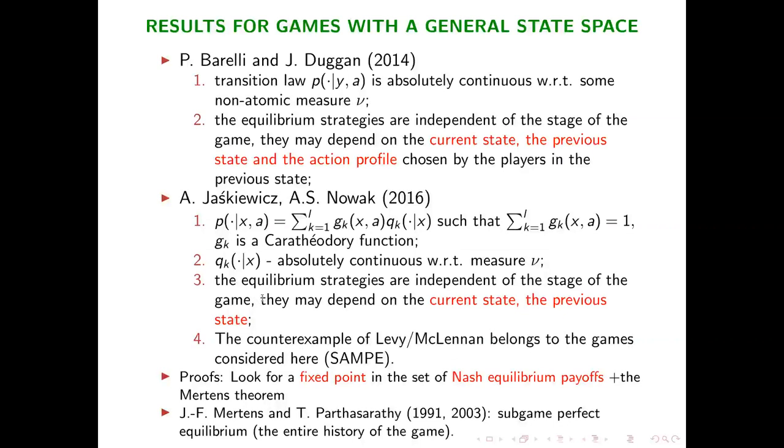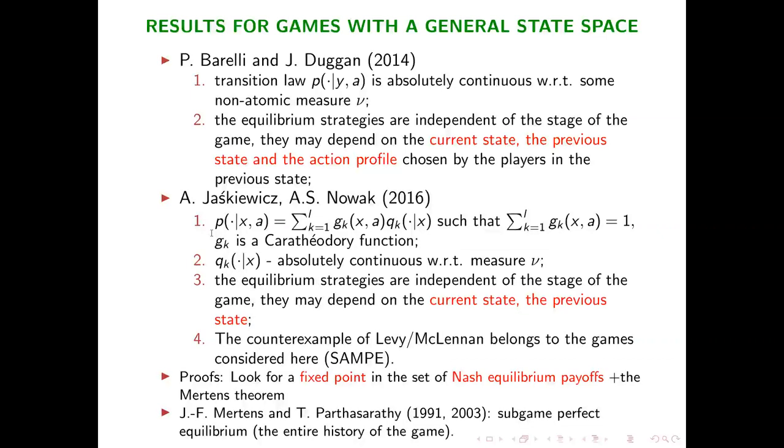And that's why we call them almost stationary Markov strategies, almost stationary because they may also depend on the previous state. And what is important is that within our framework in this setup, we cannot expect more, because the counterexample given by Levy and McLennan belongs to the games considered here.